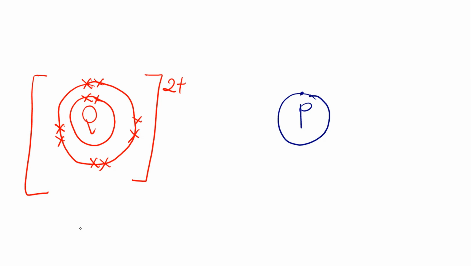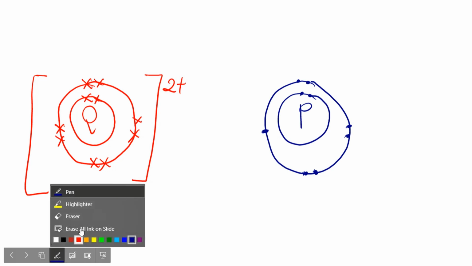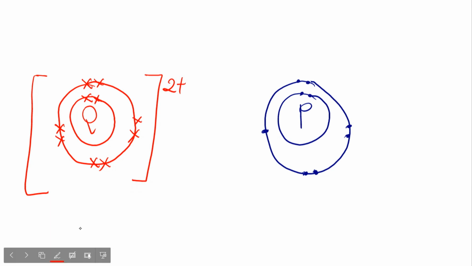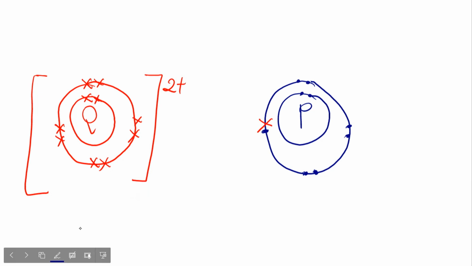1, 2, 3, 4, 5, 6, 7. Now remember, it accepted another electron from Q. Just to show you what's happening. It accepted an electron.